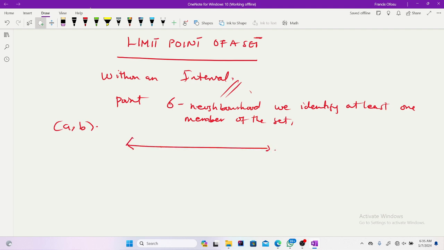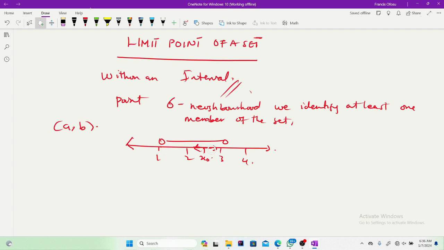I have, let's say, the points 1, 2, 3, 4. So my interval is from 1 to, let's say, 3 open. If I identify any point here, say x naught, x naught will be a limit point provided that when I take any delta neighborhood around this x naught, I identify other members of the interval within it.